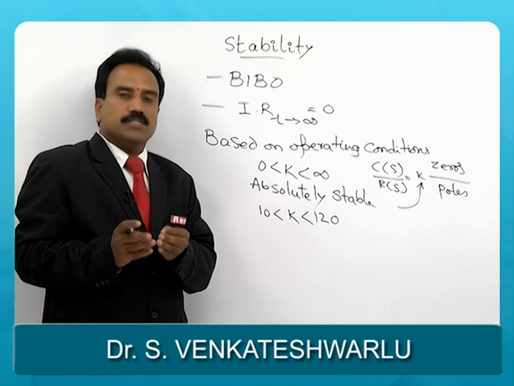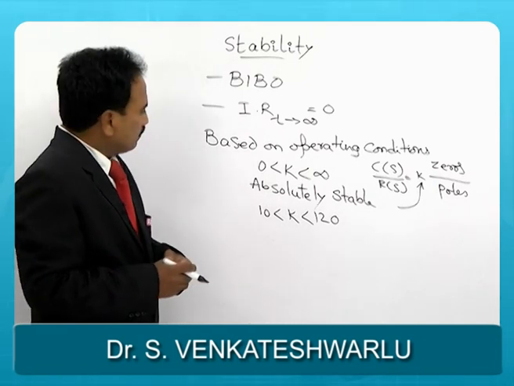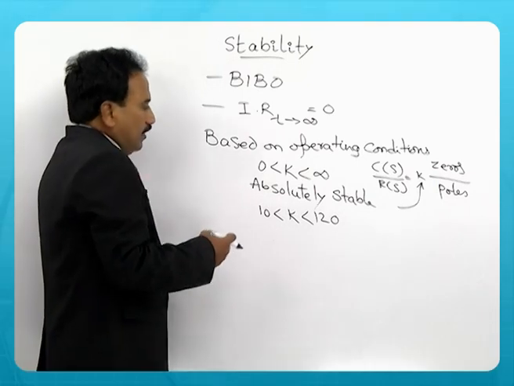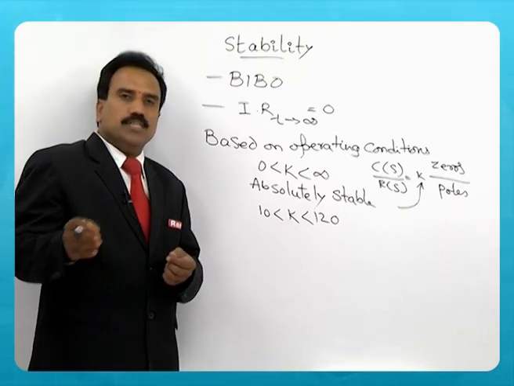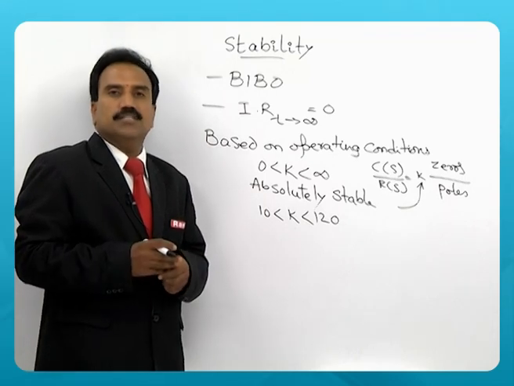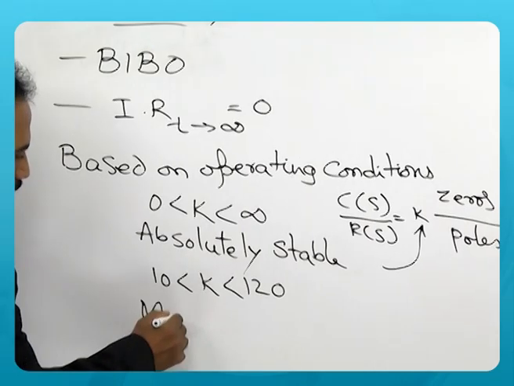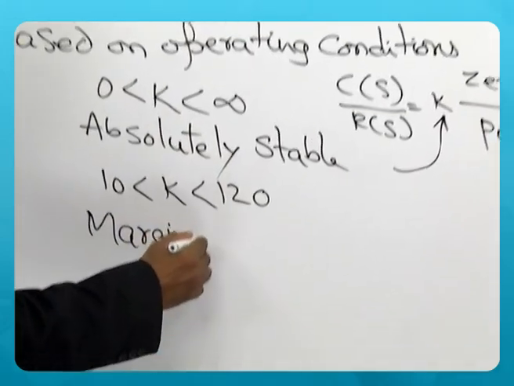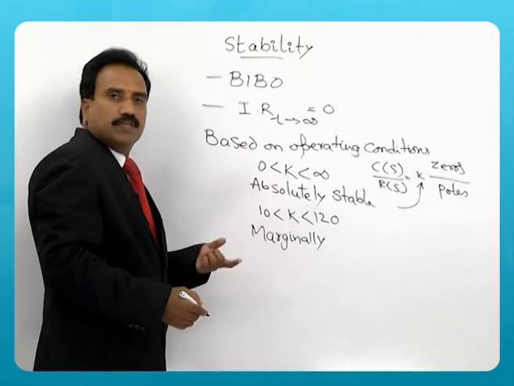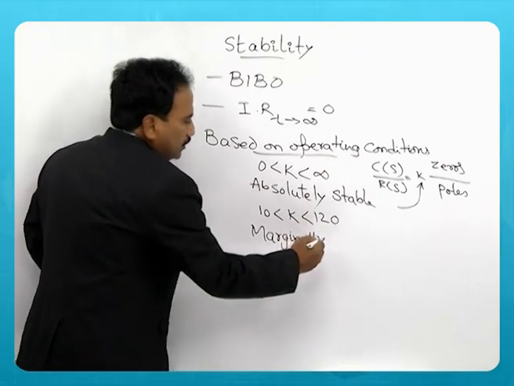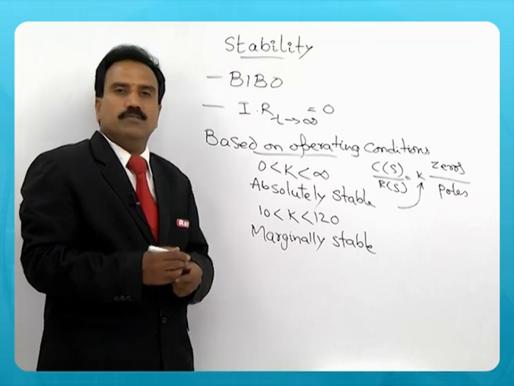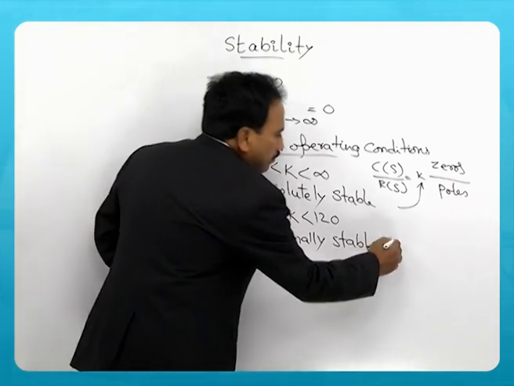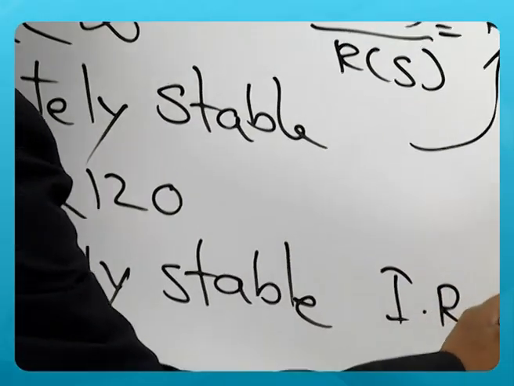And if the impulse response is not decaying to 0, if it has sustained oscillations, then the system is said to be marginally stable. This is another way of defining based on the operating conditions. We say that the given system is marginally stable if its impulse response has sustained oscillations.